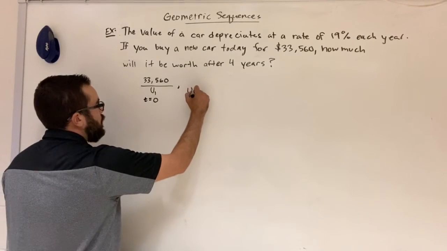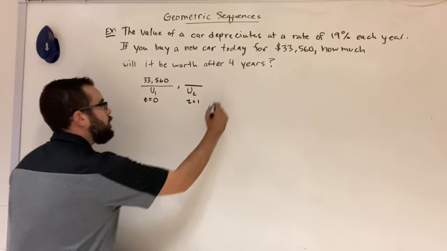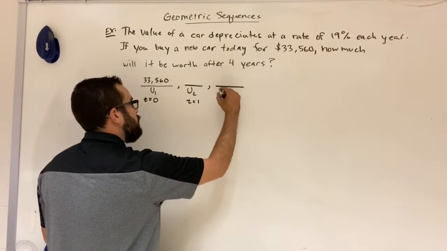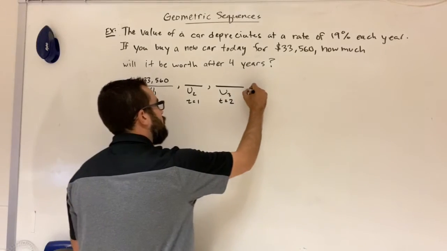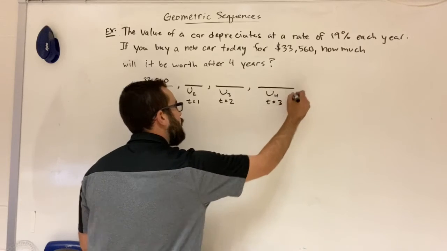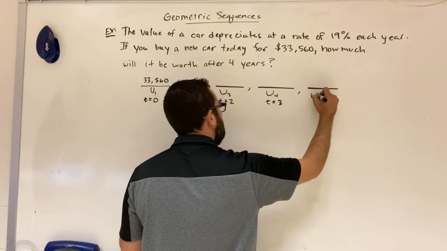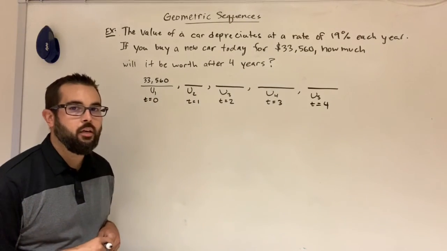So u sub 2, t is going to equal 1. U sub 3, t is going to equal 2. U sub 4, t is going to equal 3. And u sub 5, here's our 4th year. Here's the end of the 4th year.